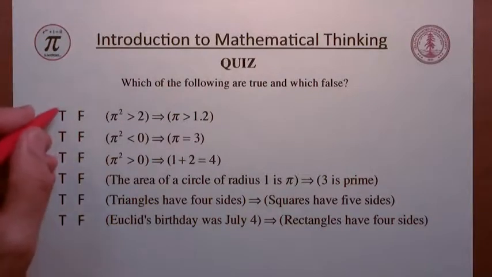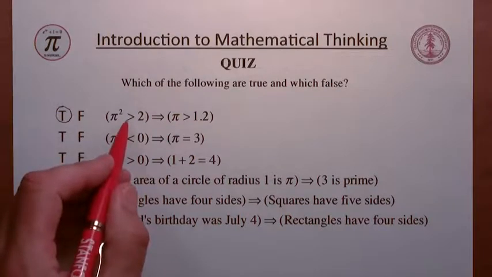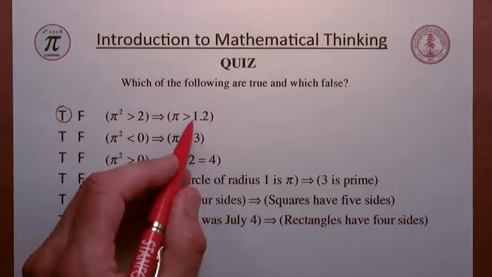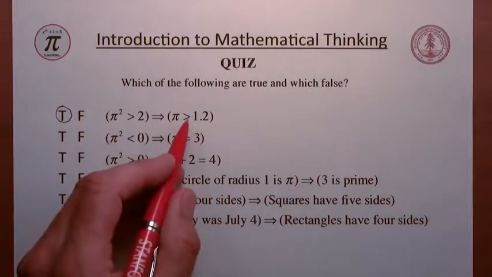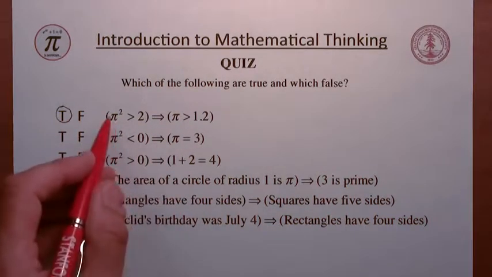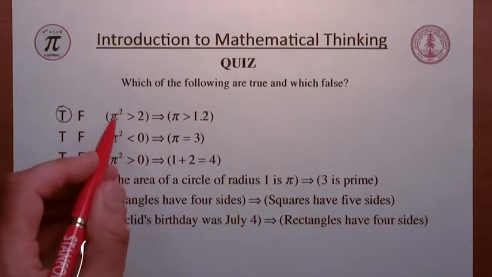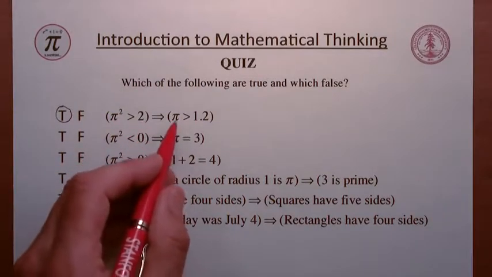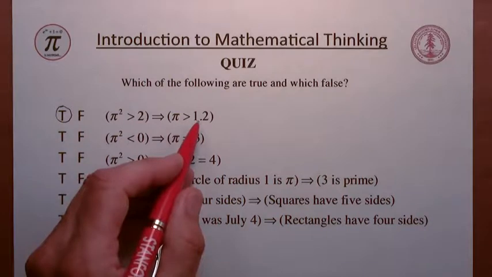Well, the answer to the first one is that it's true. The antecedent is true, and the consequent is true. So the conditional is true. In fact, there's a deeper result going on here. Providing you take a positive number instead of pi, any positive number, then if the square of that positive number is bigger than 2, that number must be bigger than 1.2.